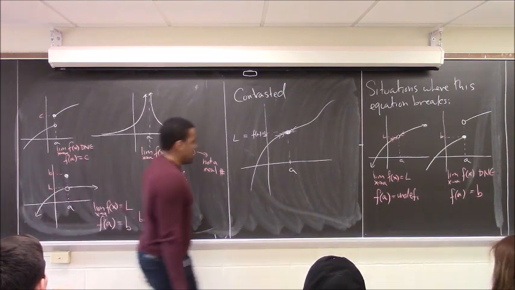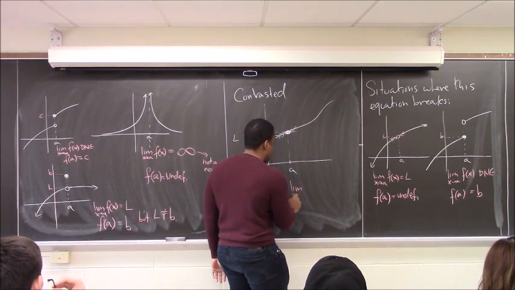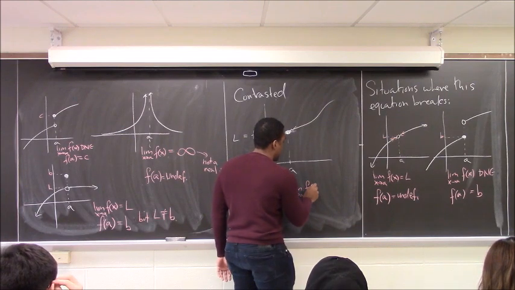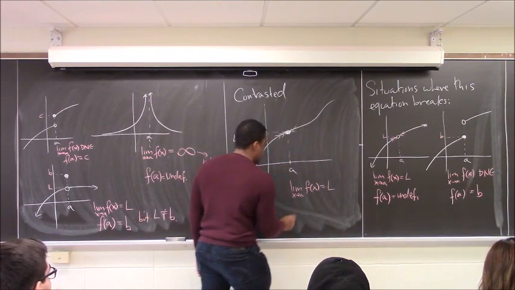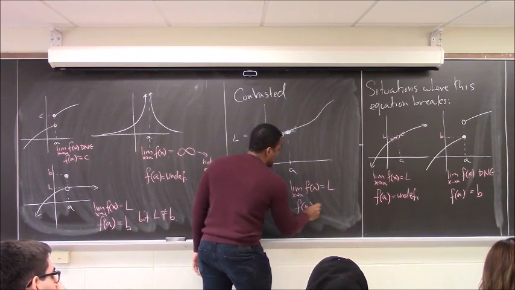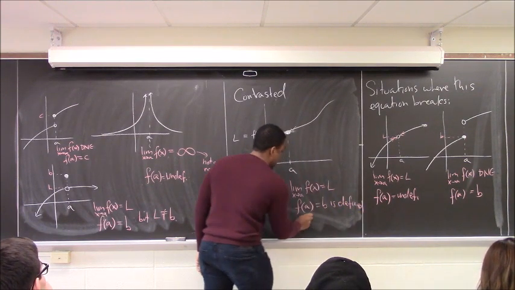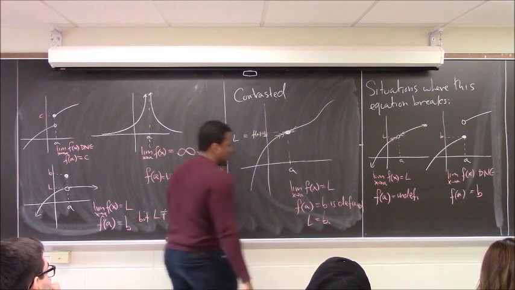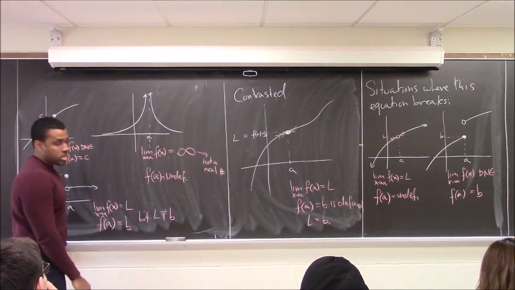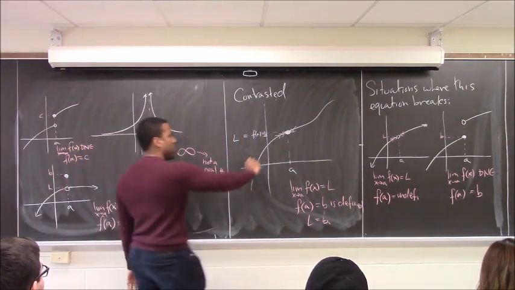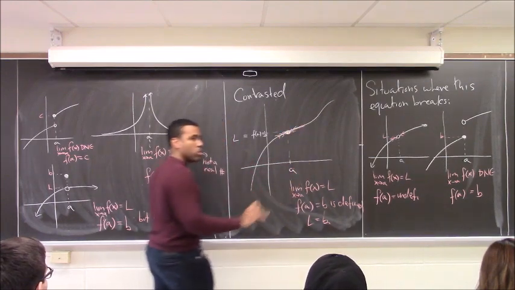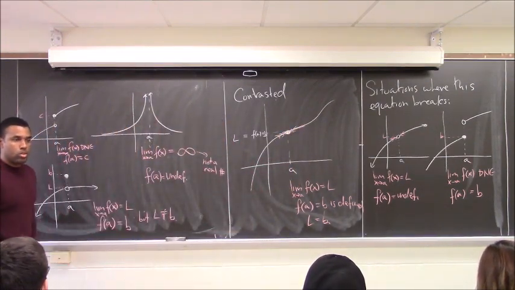So you will end up in a situation where your limit as x approaches A of f of x exists, f of A equals B is defined, and L equals B. Now when you look at that, all these three things coming together creates a situation where you can literally pass through a point without having to jump out of the way.